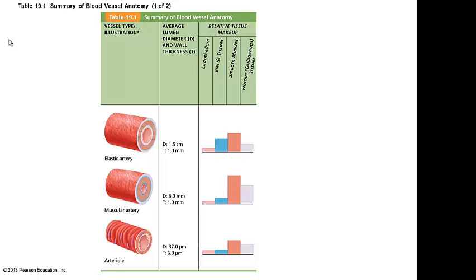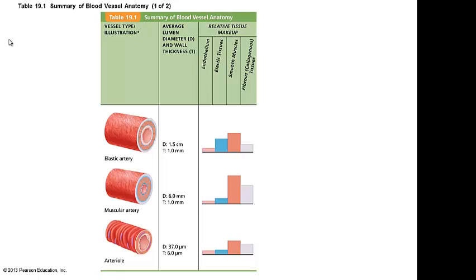Exactly. So we're going to come off the main branch, the trunk, and then get shuffled off to different places, like the kidneys or the heart or wherever it is my travels will take me as I go through that branch. So muscular arteries, more muscle in the walls, a little bit less elastic, and they're going to help distribute things through the body.